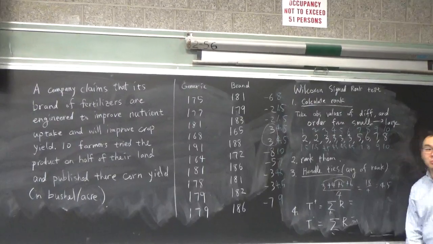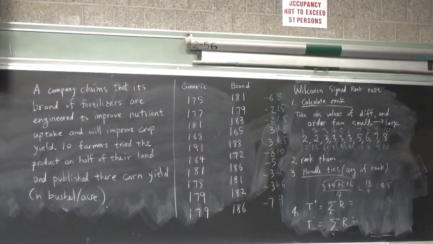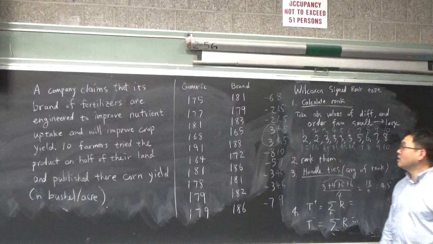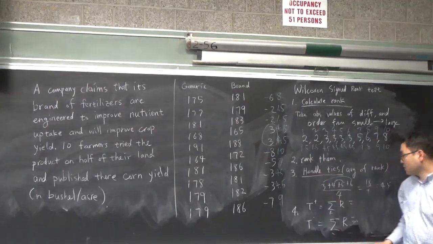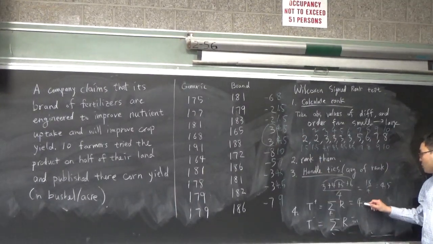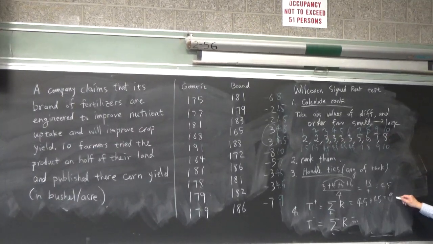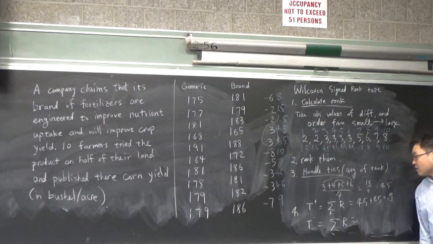So those are named T plus and T minus. Let's look at T plus, which is the sum of the ranks of the positive ones: 4.5 plus 4.5, that's going to be 9. What's the sum of the ranks of the negatives?